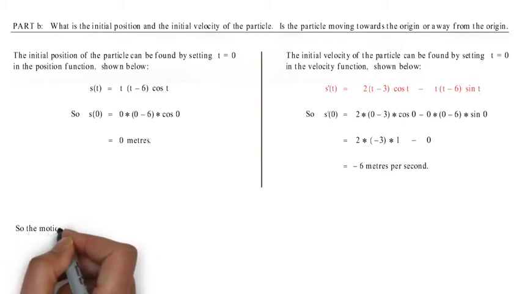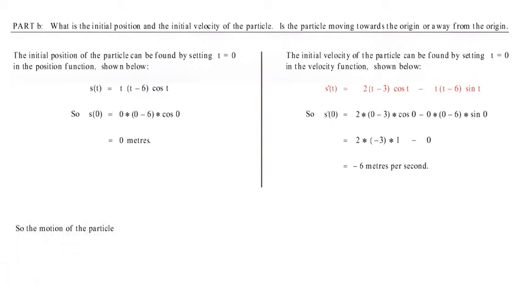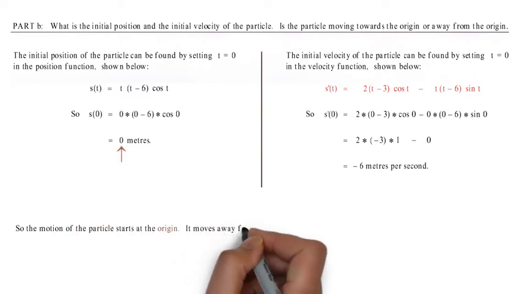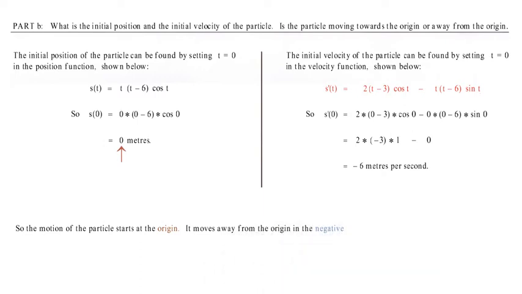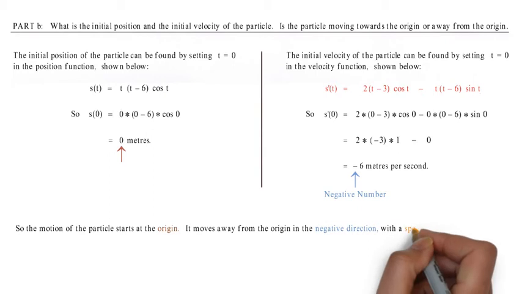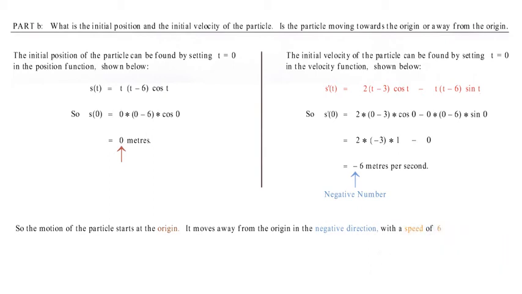So the motion of the particle starts at the origin. It moves away from the origin in the negative direction with a speed of 6 meters per second.